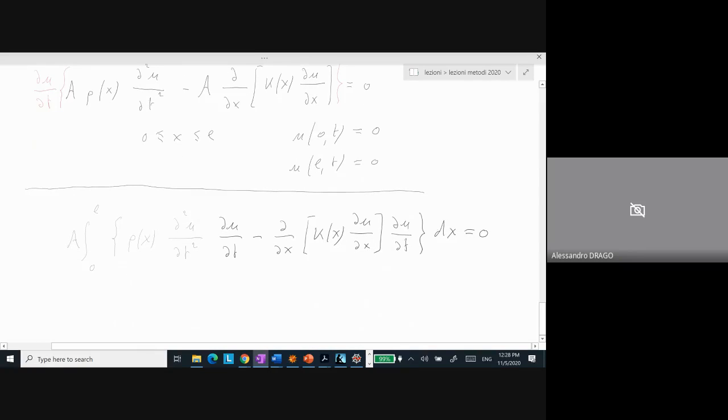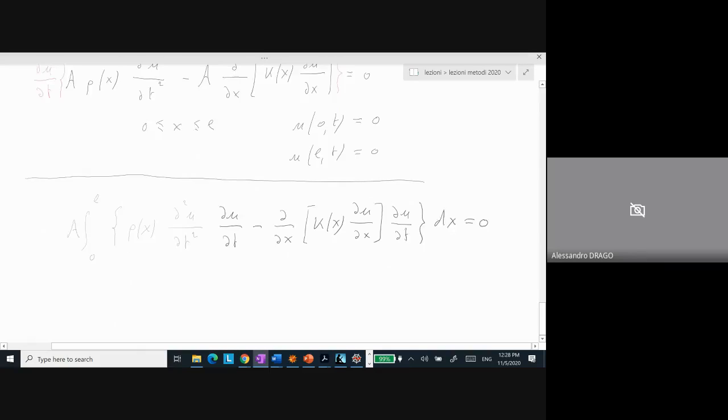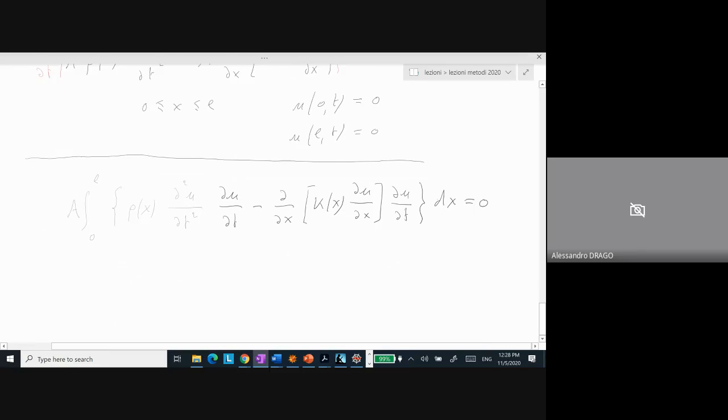So what I've done is just to take the original equation, multiply by du over dt and integrate from 0 to L. Now we are manipulating a little bit the various pieces so that we will be able to appreciate that these two terms will essentially originate one term that will correspond to the kinetic energy, and the second term will correspond to the potential energy.